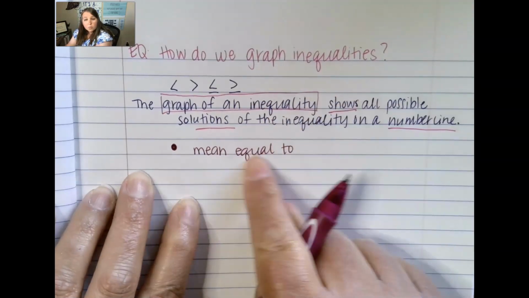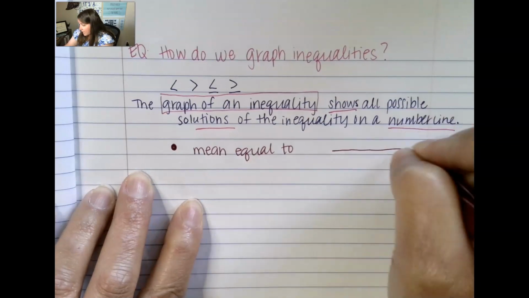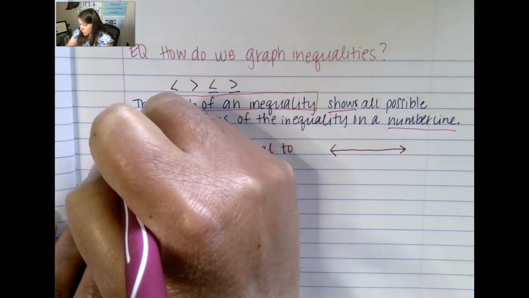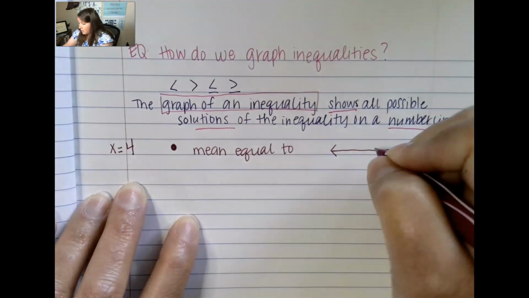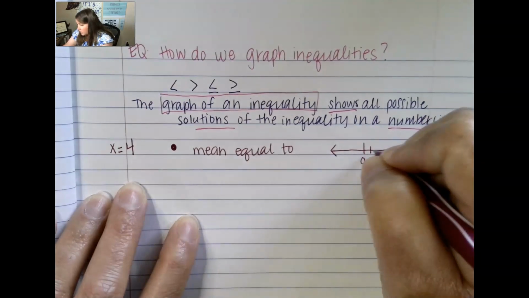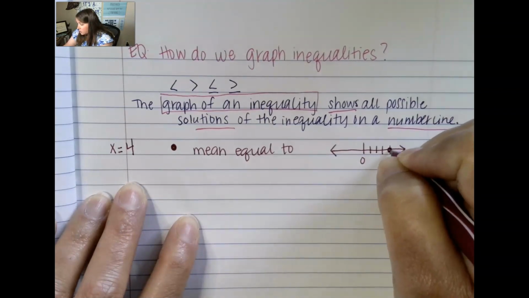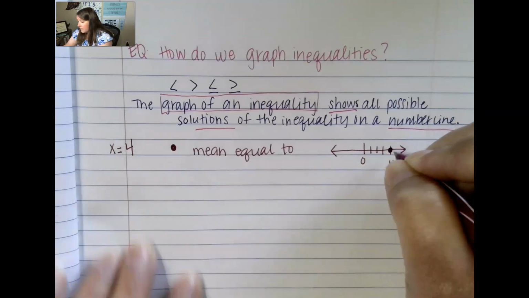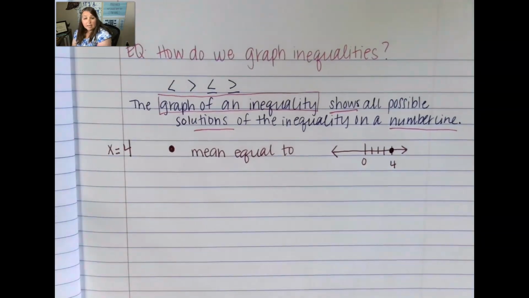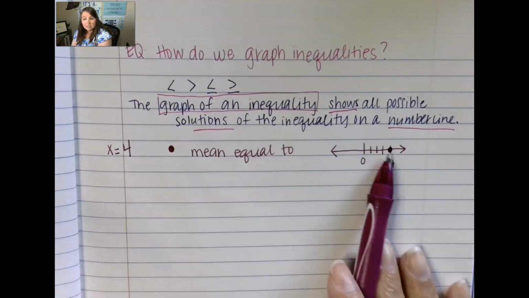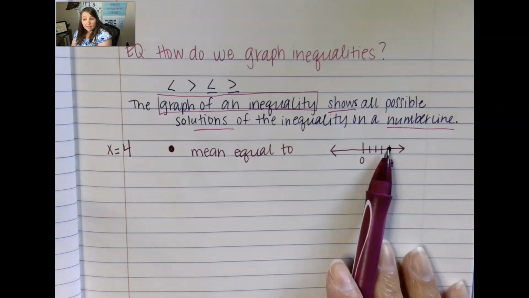Okay, so when we graphed, like let's say we said x equals 4, on my number line, when we graphed this, we would go to 4 and we just put a dot. And we said that x is 4 in previous lessons when we did this. So we said that this dot right here meant equal to. So we put it right there, x is 4, boom, there we go.